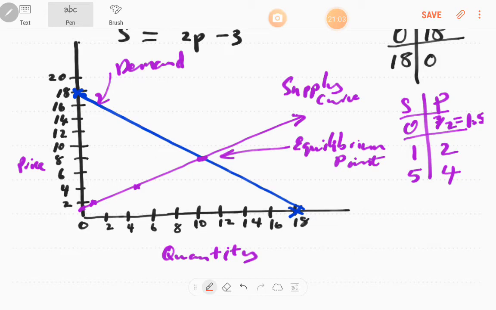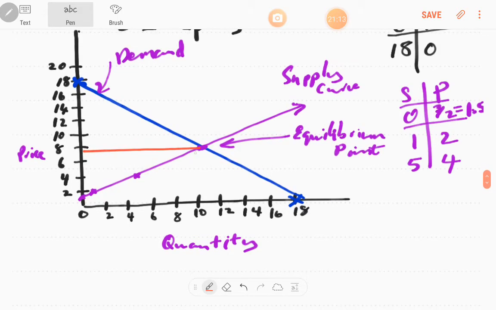Let's look at the value of that equilibrium point.